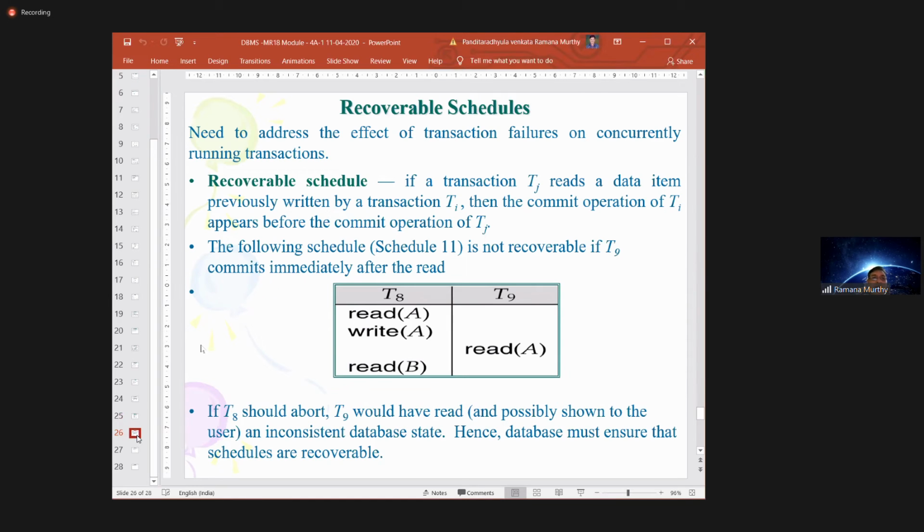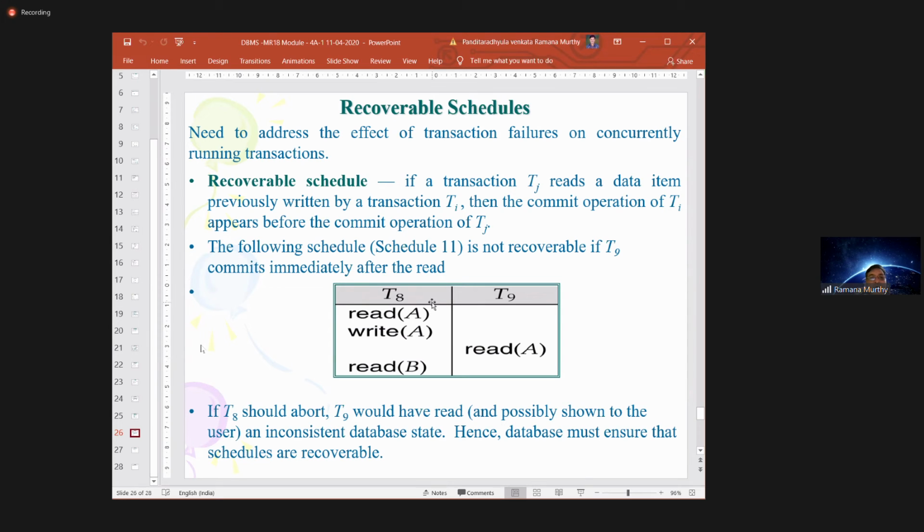Right. Now we'll see a small topic: what is the meaning of recoverable schedules. Whenever you have conflicts in a schedule, a transaction operation may need to be aborted. What happens if a value written by one transaction is read by another transaction?